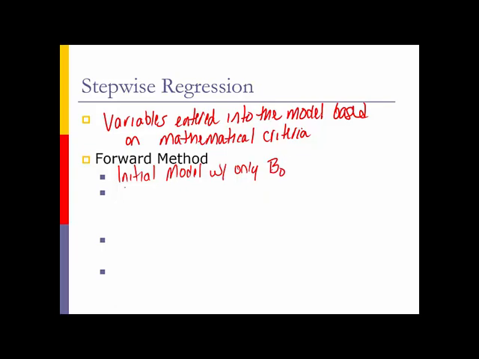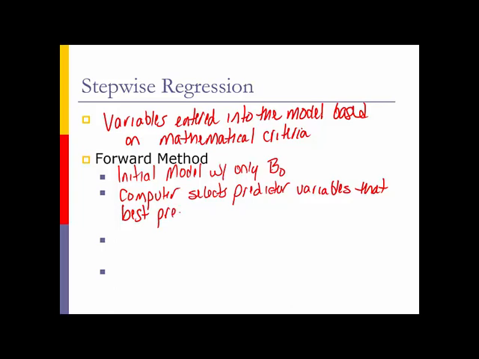All right, and then the computer is going to select predictor variables. Right, so whichever variable has the highest simple correlation, that's what they're going to put into the model.